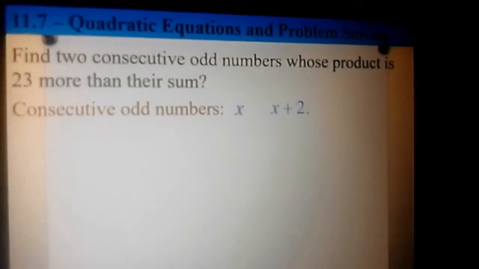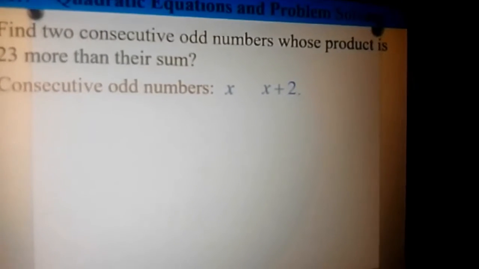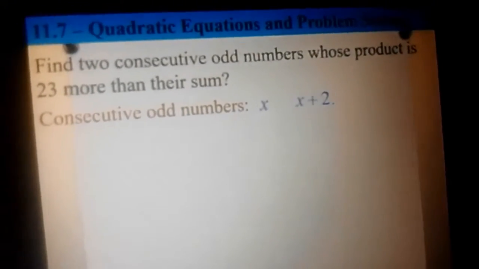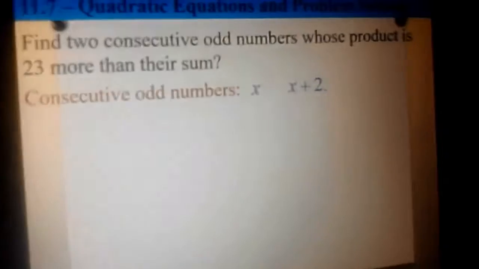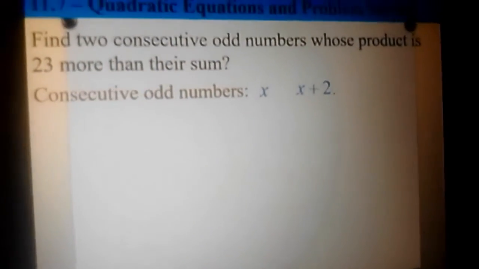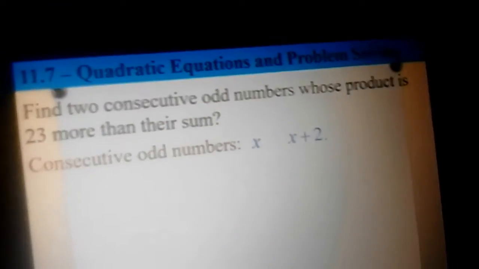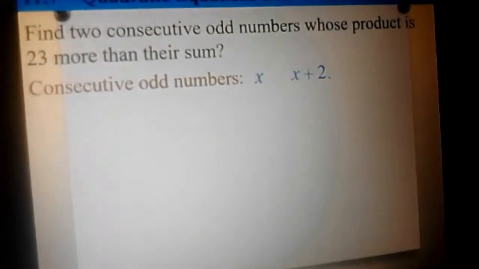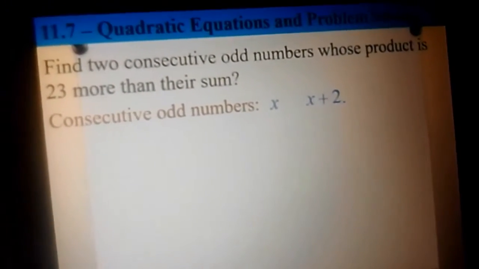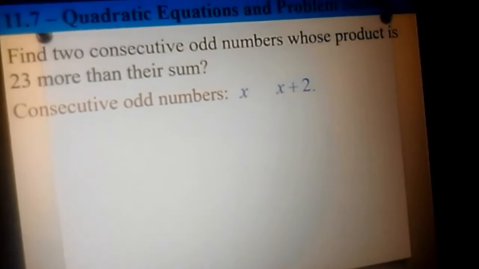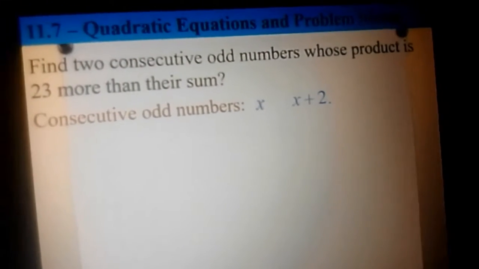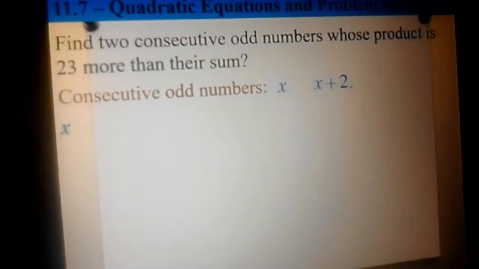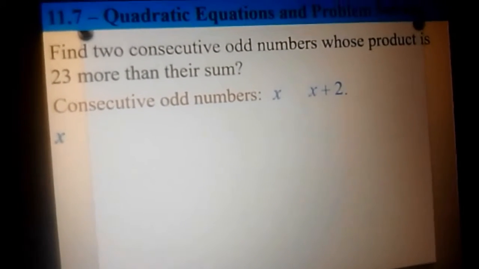So, considering that, if we have two consecutive odd numbers, it is actually adding 2 to the odd number. How? Because 1 plus 2 is equal to 3, and 3 plus 2 is equal to 5, which are consecutive odd numbers. So, that is the expression we have for the consecutive odd numbers.